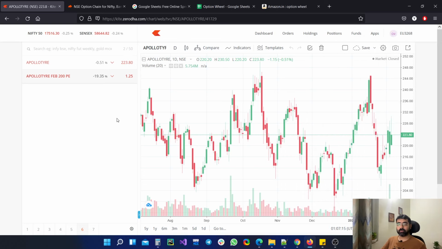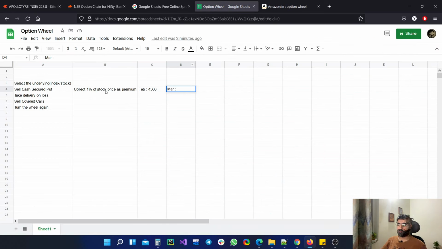Now we can go farther and try to collect lesser premiums, because that reduces the risk. The farther you are, the lesser the risk, the lesser the premium. If you don't want to collect 1% of the stock price as premium, you can collect 0.5% as well. Because you will be collecting only 0.5%, you would be selling a much farther option.